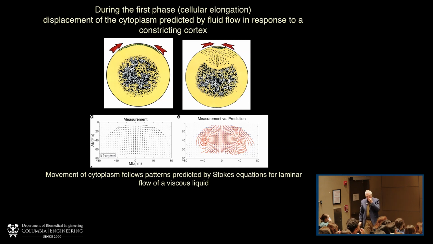Now, that was a cartoon, I drew that cartoon. Other people in the lab do math. One of the remarkable things is that Konstantin showed that if you looked at the patterns of flow of these beads, you can predict them using the Navier-Stokes equation, basically the Stokes equation.